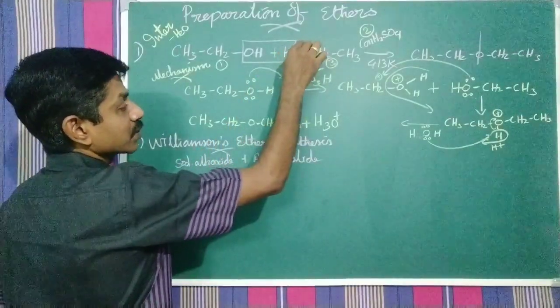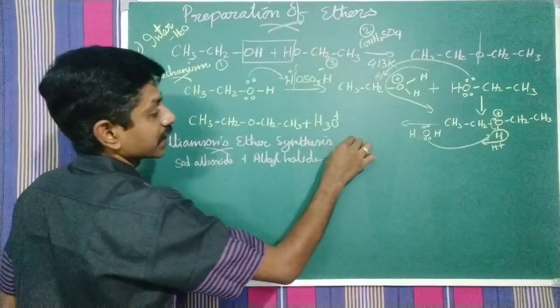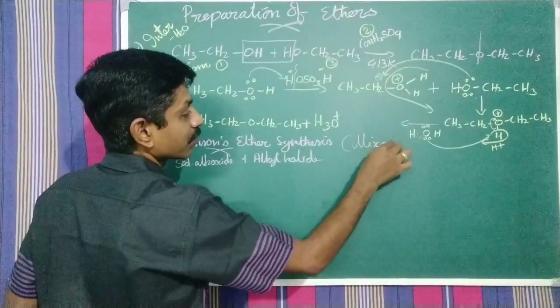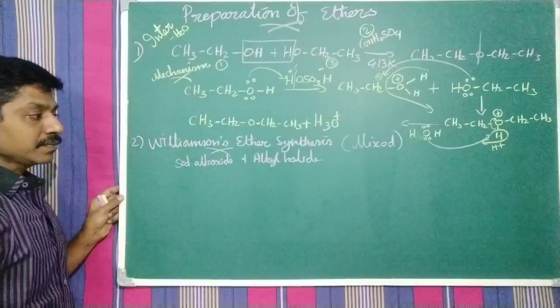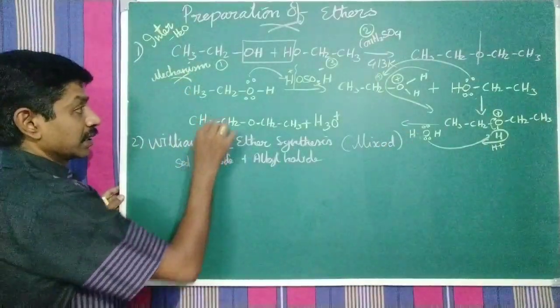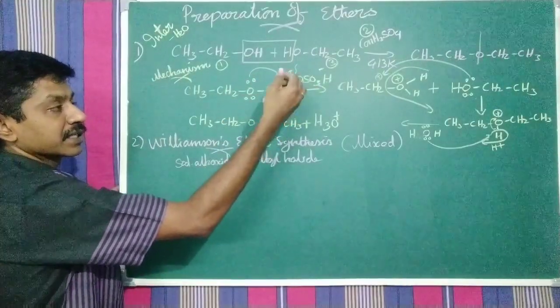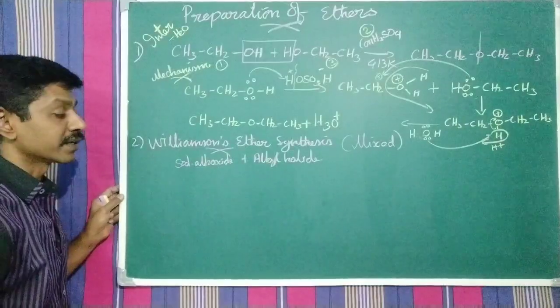This method is applicable for simple ether preparation, and here you can also try mixed ethers, both are possible. If you get a mixed ether by other means, the separation is difficult, but with this method you can do it.